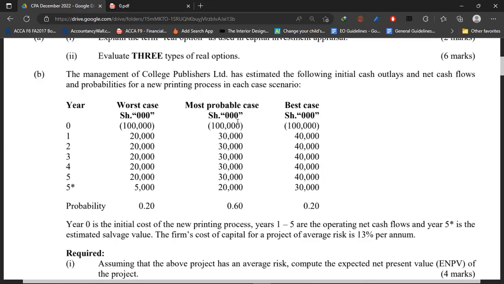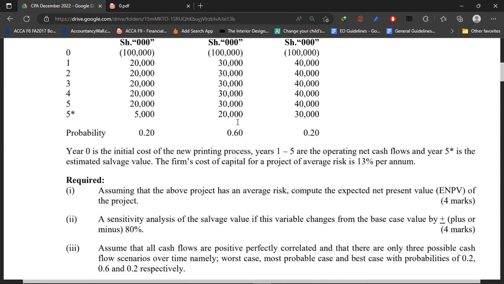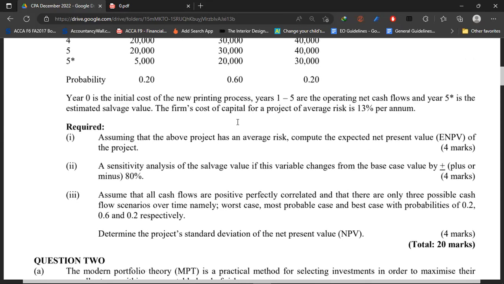Year 0 is the initial cost of the new printing process. Year 1 to 5 are the operating net cash flows, and year 5 is the estimated salvage value. The firm's cost of capital for a project of average risk is 13% per annum required. Assuming that the above project has an average risk, compute the expected net present value of the project.